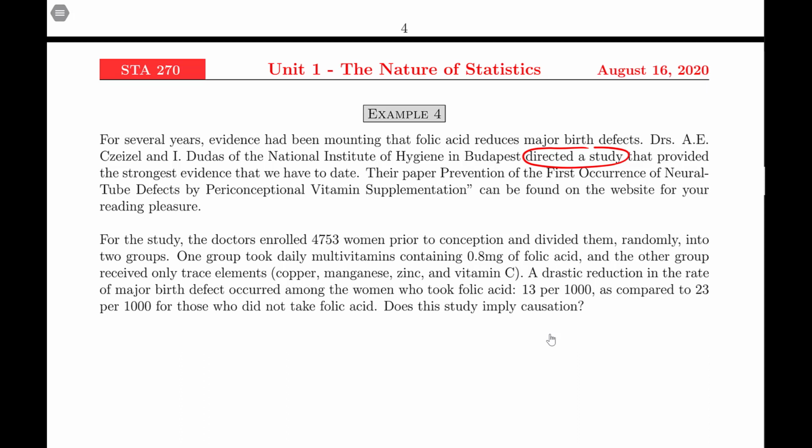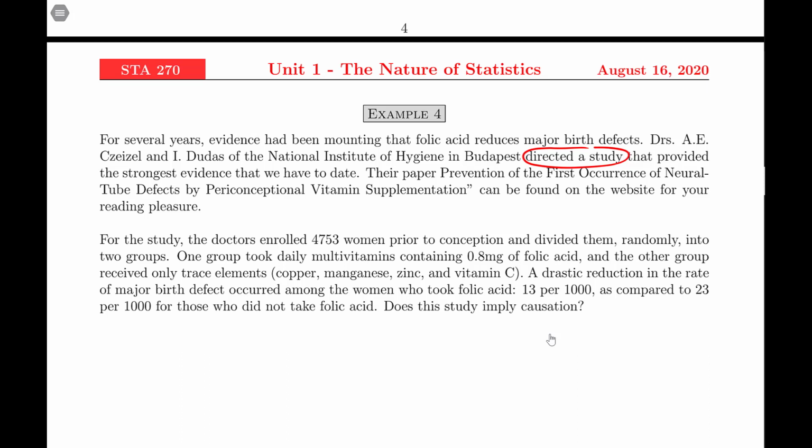They wrote a paper, Prevention of the First Occurrence of Neural Tube Defects by Periconceptional Vitamin Supplementation. Again, this will be posted on the website if you want to read it. I have a feeling many of you probably won't, but if you want to, it'll be there. For the study, the doctors enrolled 4,753 women prior to conception, and they divided them randomly into two groups.